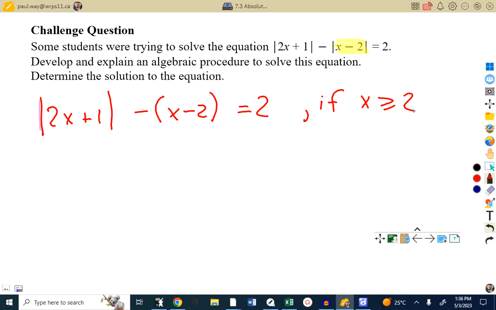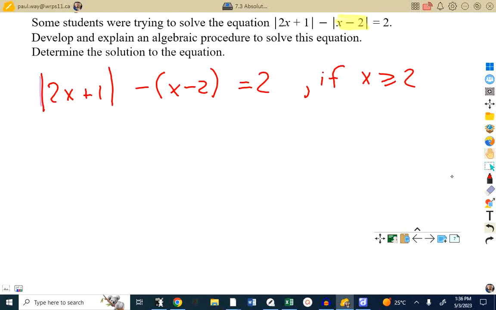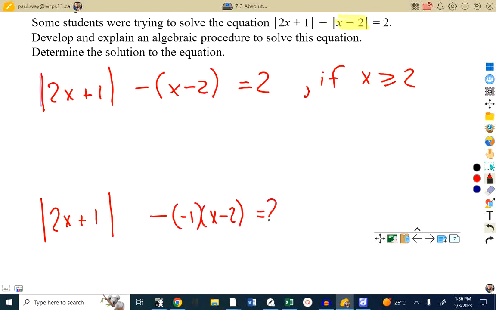Okay. Let's just walk away from that for a second. The equation also becomes this if x is less than 2.